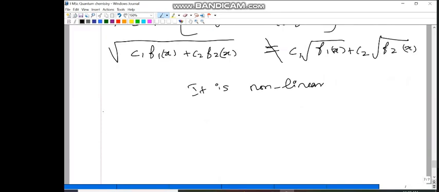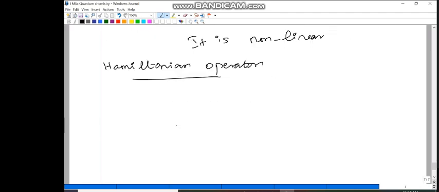Okay. This is the fundamentals of quantum mechanics operators. So next we are going to see about the Hamiltonian operator. We already discussed about that. What is Hamiltonian? Now here we are going to see about the Hamiltonian operator. So what is Hamiltonian?